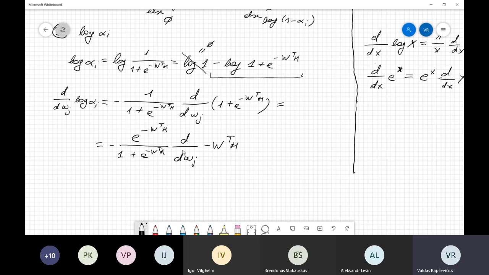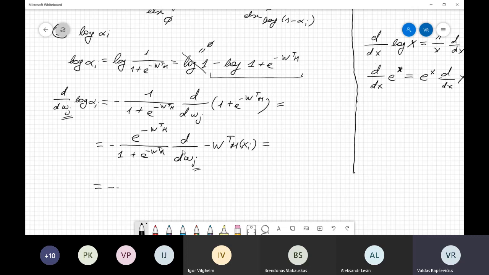This is the derivative with respect to Wj of minus W transpose h, and this is xi. So we did this before: the derivative of this is the jth feature, because we are deriving with respect to the jth term. And since this is minus, we're just adding in a minus.